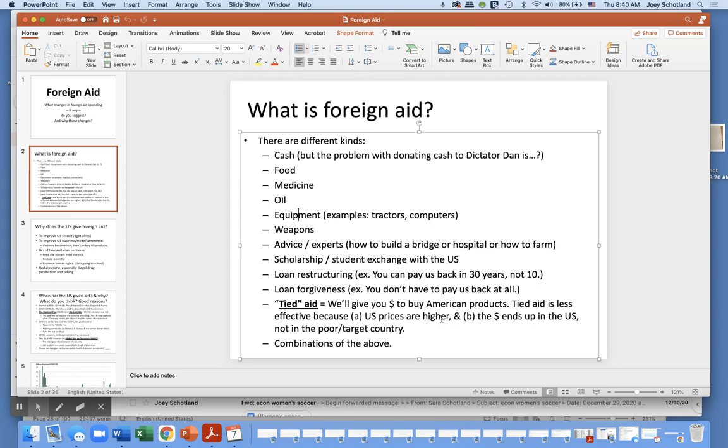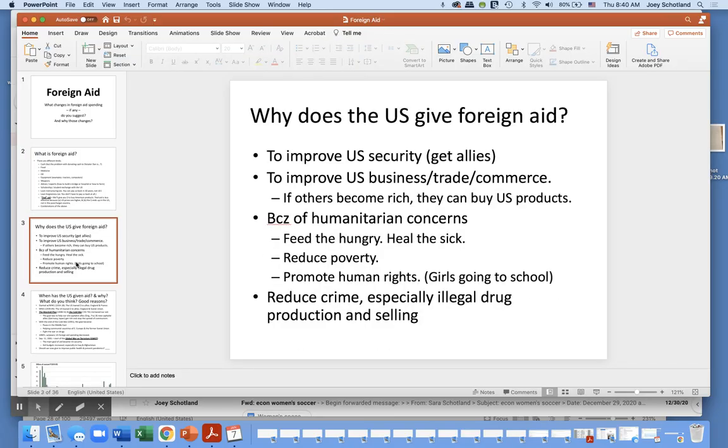So if you give money to a poor country and say you have to buy corn from Iowa, maybe the Iowa corn is more expensive. And also, the money is going to end up in the US, not in the poor target country. So if you say to Haiti you have to buy corn from Iowa, the money ends up in Iowa. You could also argue it helps the poor country and it also helps Iowa. So lots of different kinds of foreign aid.